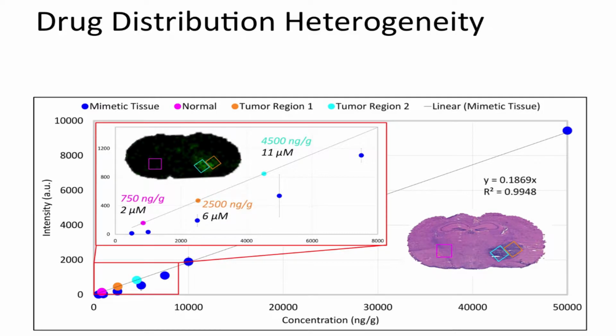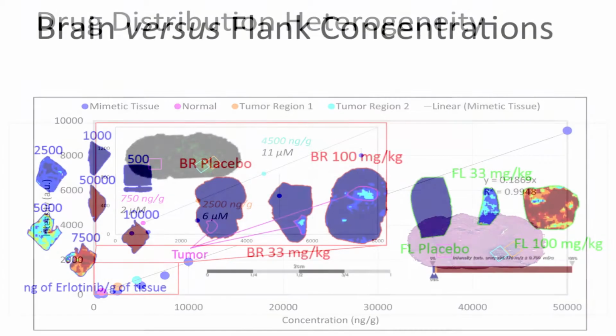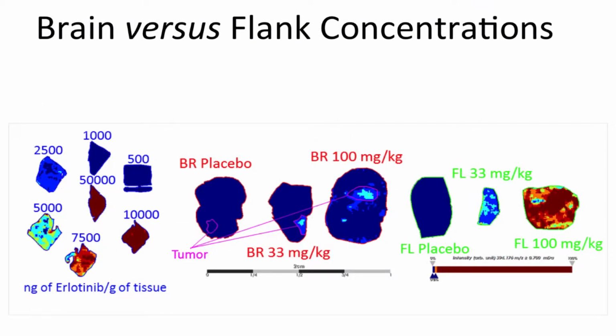But we can go into more details, and you mentioned heterogeneity. I think you meant molecular heterogeneity, but we can also look into spatial heterogeneity, and we can further dissect out the tumor here and see that there are different drug concentrations in different parts of the tumor.